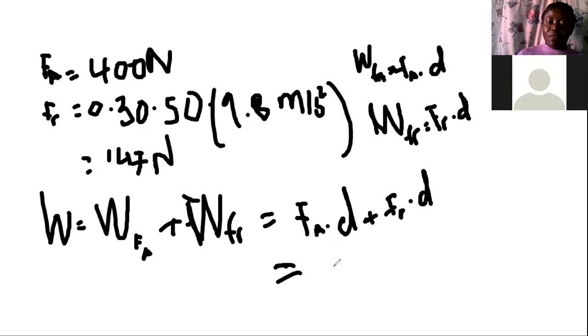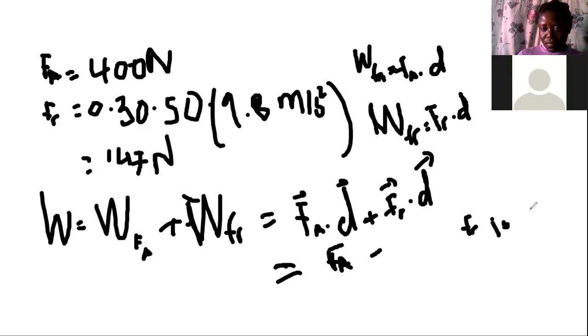It means we have our force applied minus, so I can put this as a displacement here. This is just a direction. And then this one here minus, because the frictional force is negative. So we have minus the frictional force.